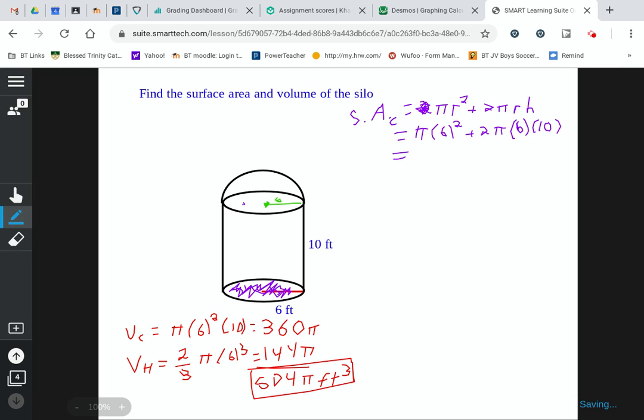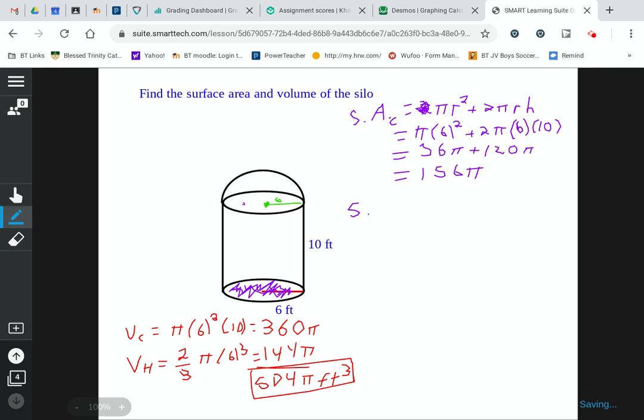And so we get 36 pi plus 120 pi. That's 10 times 6 times 2 is 120. So my total surface area here is 156 pi. That's for the cylinder on the bottom.